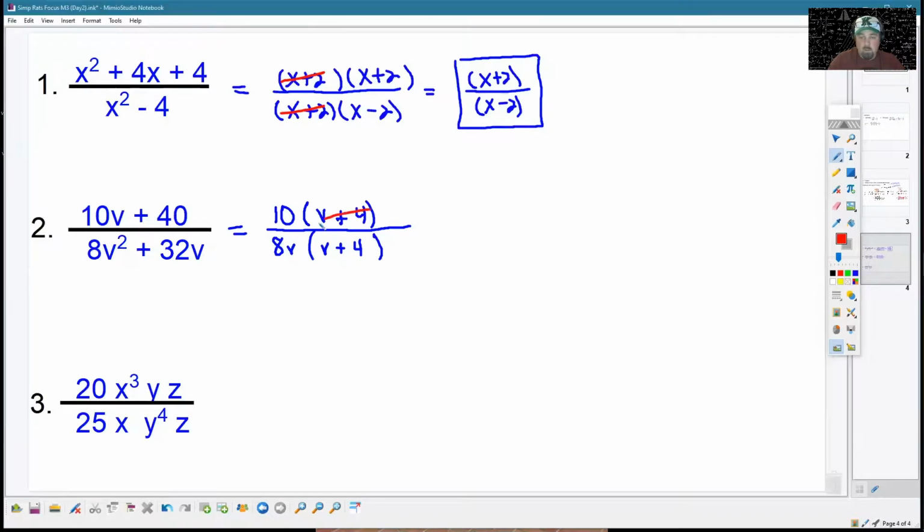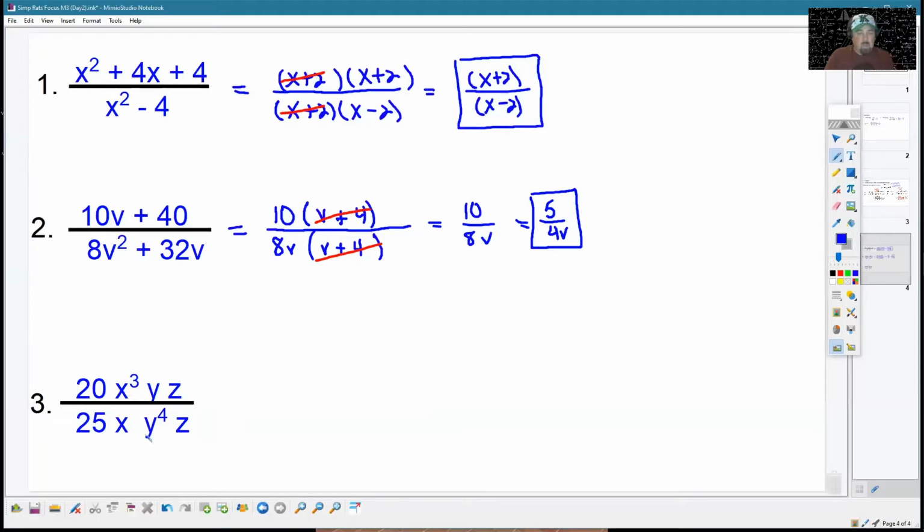Now, the v plus 4 cancels. We end up with 10 over 8v, but we've got to be careful because this is a multiplication, so I can still cancel the constants on top and bottom. So 10 and 8 have a common factor of 2. So this is 5 over 4v because the common factor of 2 cancels out.